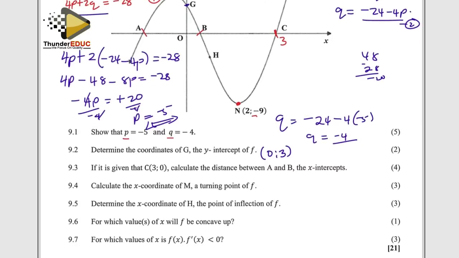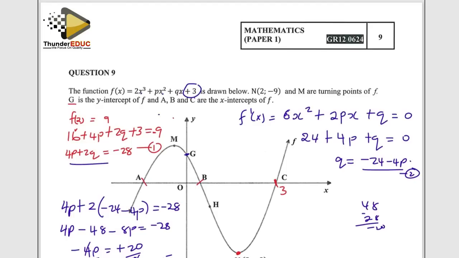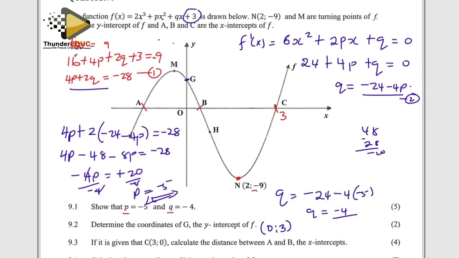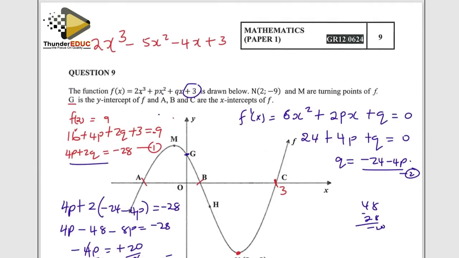So what I'm going to do is substitute the p and the q. So it's going to be 2x cubed minus 5x squared minus 4x plus 3, since p and q are both negative. So 2x cubed minus 5x squared minus 4x plus 3. That is our cubic function.